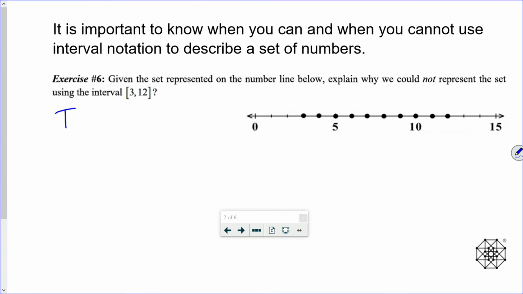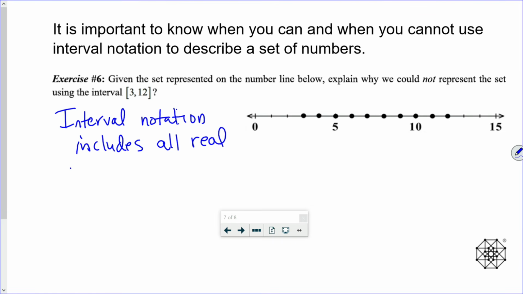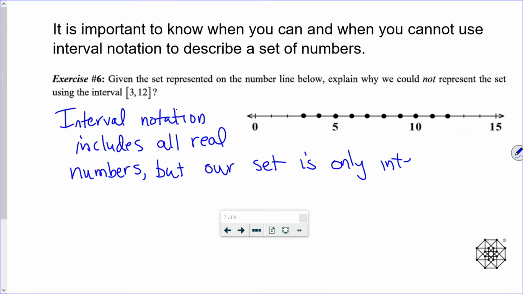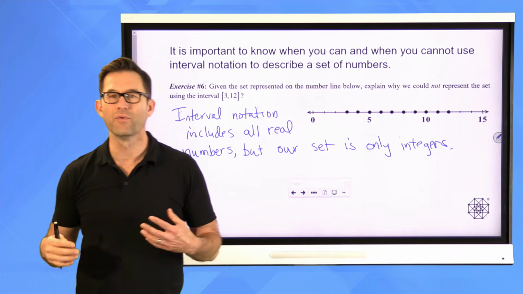So maybe the best way to put it is interval notation includes all real numbers, but our set is only integers. All right, and that's something very specific about interval notation.